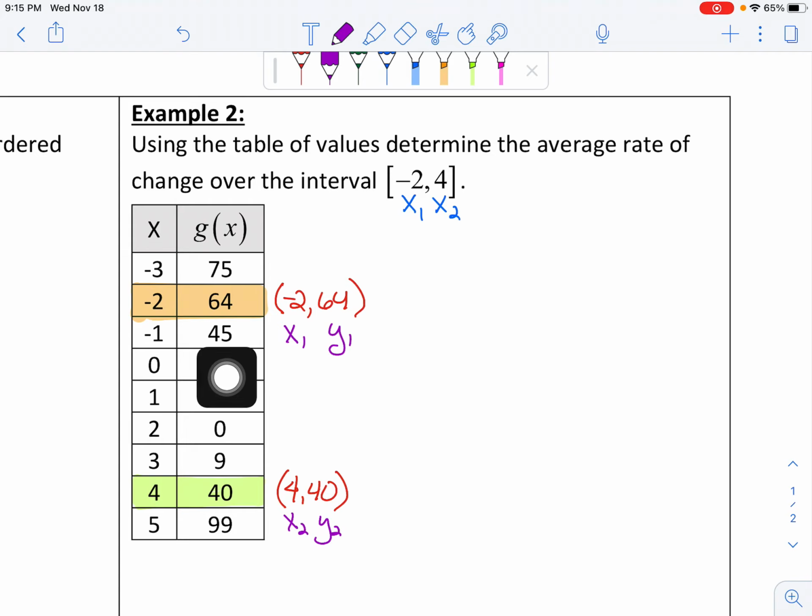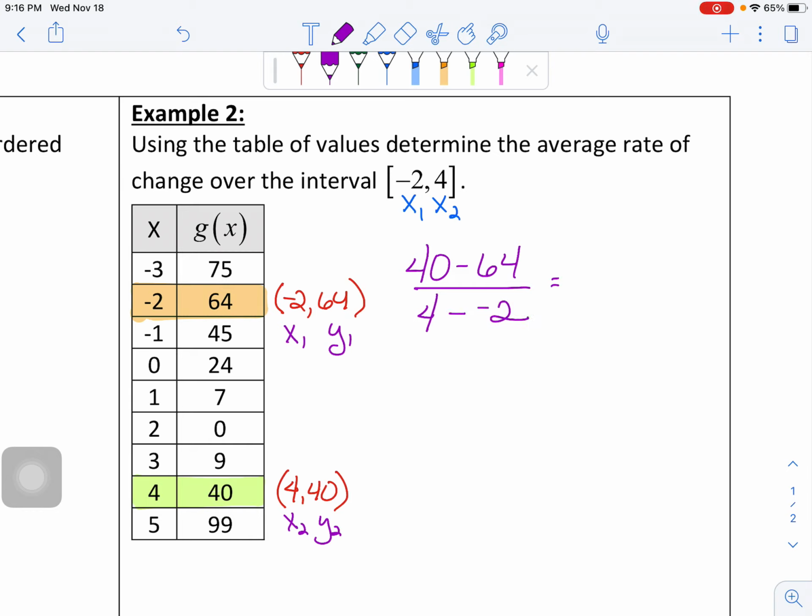Again, I think I said this in the last example, order doesn't matter. This could be x2, y2, and this could be x1, y1. You'd get the same answers. So I'm going to take my second y minus my first y over my second x minus my first x. 40 minus 64 would be -24. 4 minus -2, that's going to become a plus.